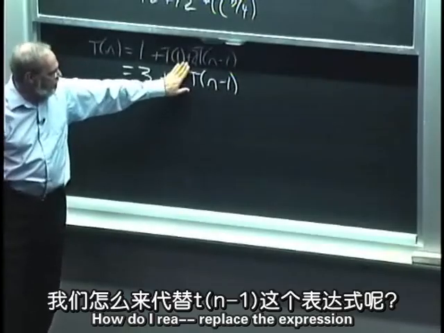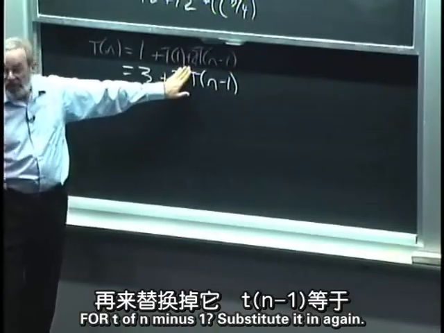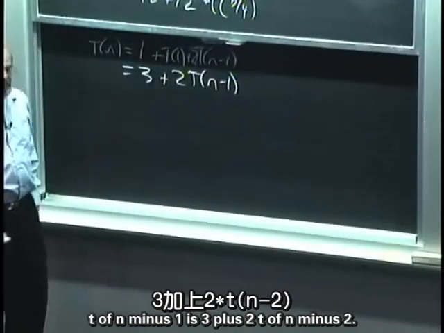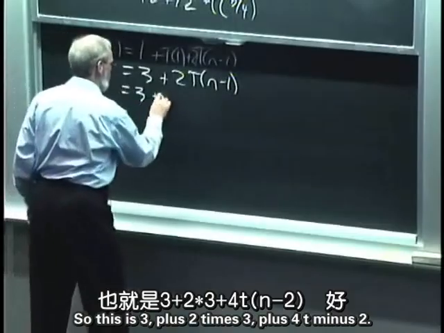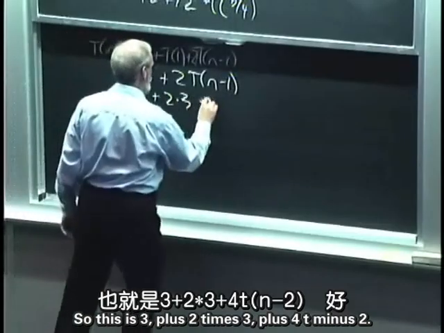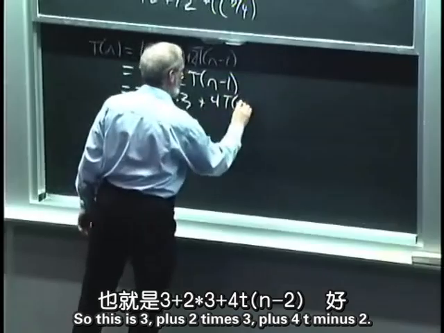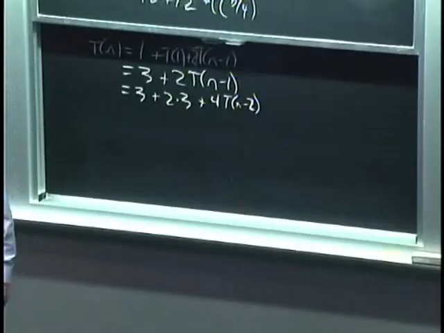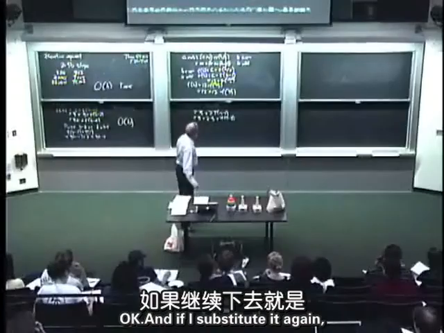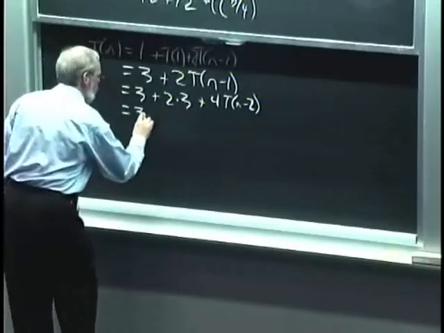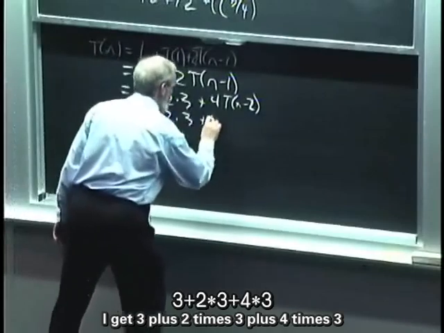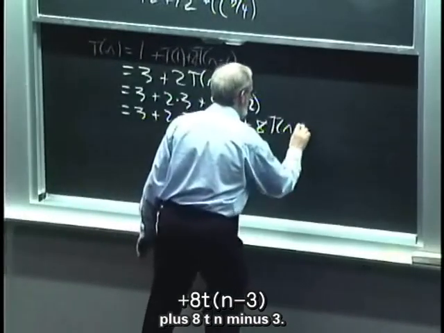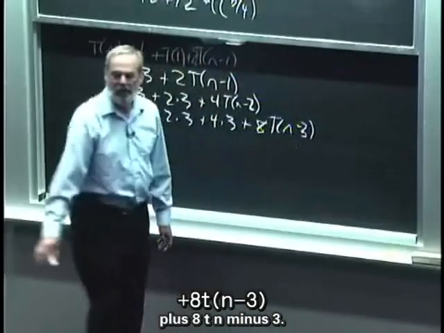How do I replace the expression for t of n minus 1? Substitute it again. T of n minus 1 is 3 plus 2t of n minus 2. So this is 3 plus 2 times 3 plus 4t of n minus 2. And if I substitute it again, I get 3 plus 2 times 3 plus 4 times 3 plus 8t of n minus 3.